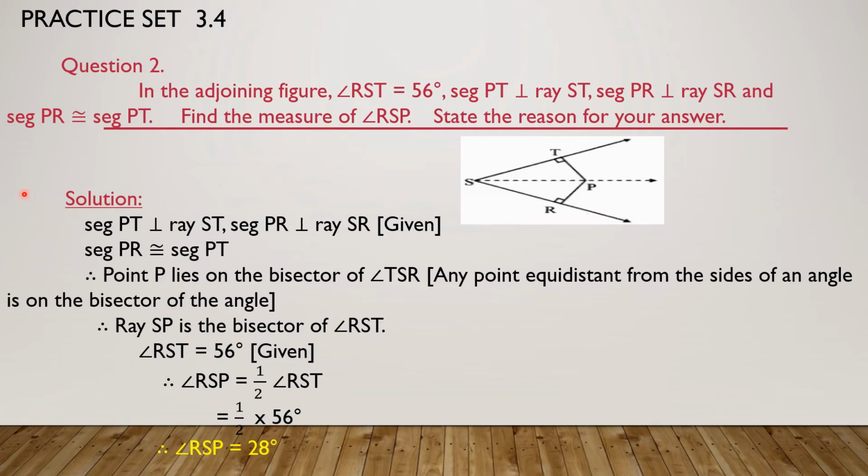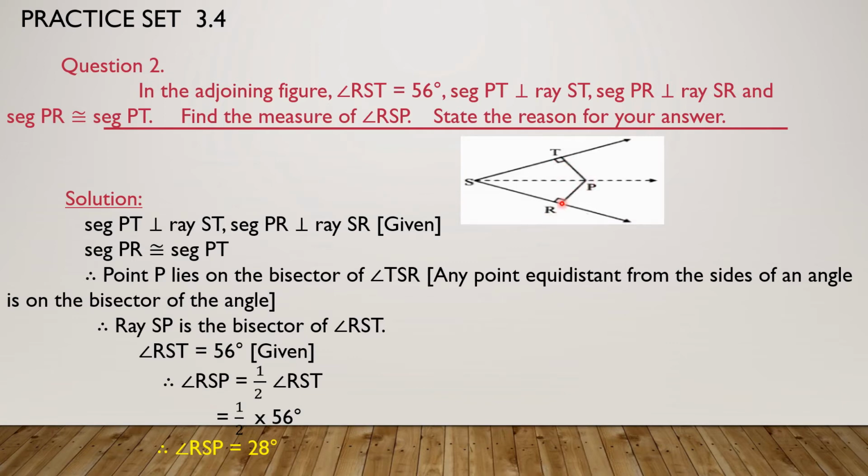And solution: segment PT is perpendicular to ray ST and segment PR is perpendicular to ray SR, and segment PR is congruent to segment PT. That is, PR is equal to PT. Therefore, the point P lies on the bisector of angle TSR, because any point equidistant from the sides of an angle is on the bisector of the angle.